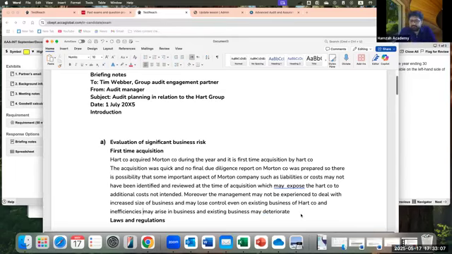Now it is complete for 2 marks. Enough. But if you can discuss another point, for example, a student may write that they may not be able to integrate the business of Morton company with the business of Hart company. They may have acquired the company based on over-optimistic assumptions and may not realize the returns. So business risk, enough. This is enough for 2 marks.